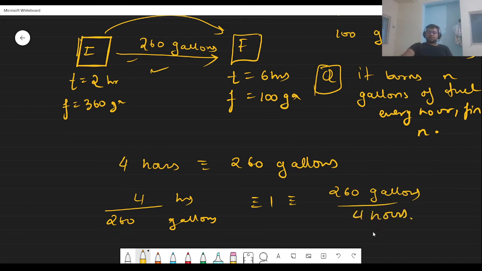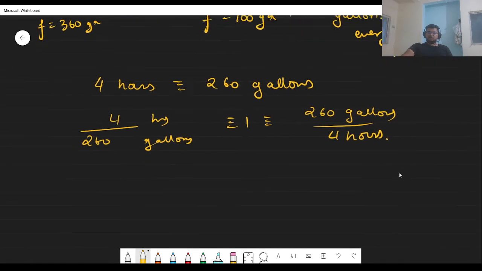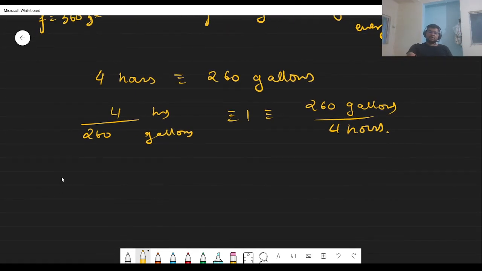Now it is asking how much fuel will be consumed per hour, means if I have 1 hour, then what will be my answer in gallons? It is asking like that, right? So we'll multiply 1 hour with a conversion factor.